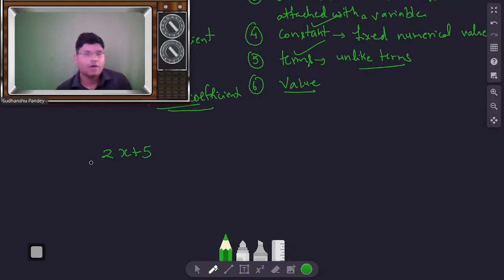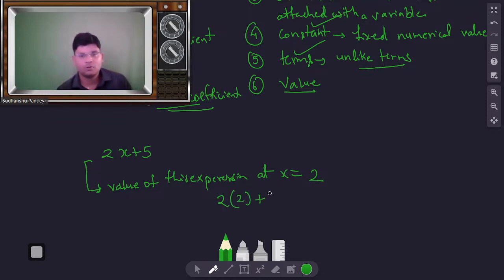Now if I ask you what is the value of this expression at x is equal to 2, what will you do? You will multiply 2 times 2, and then you will add plus 5. So, sir, it is 9.